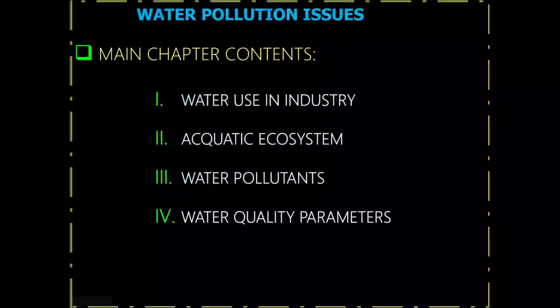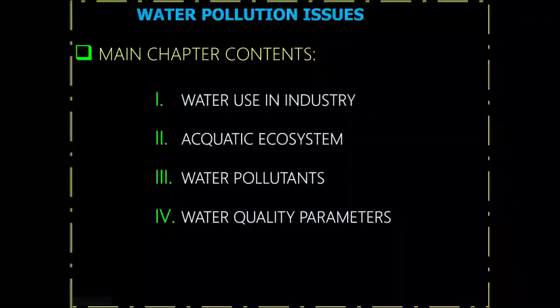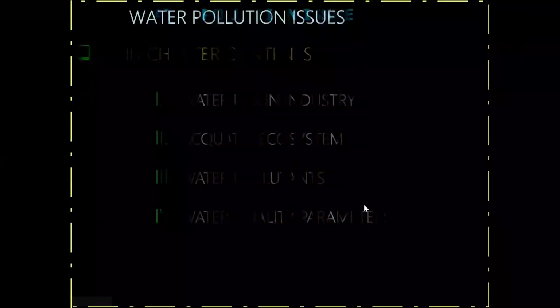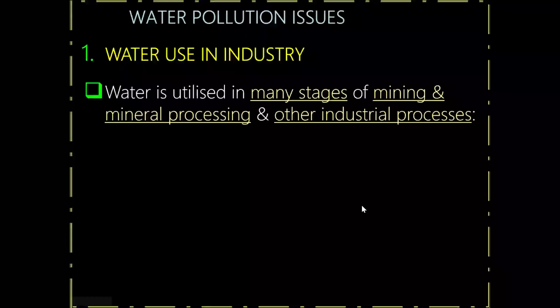Then we will look at the water pollutants. The end is water quality parameters, which we have done already.